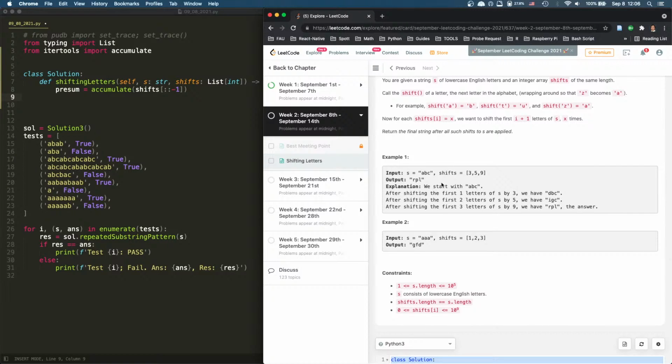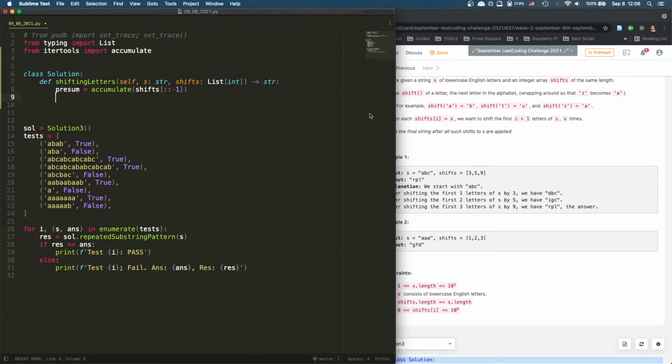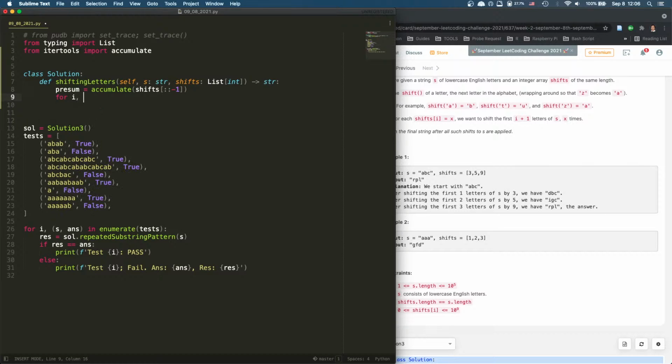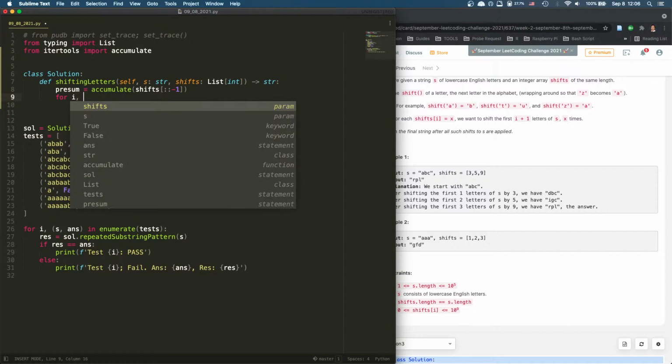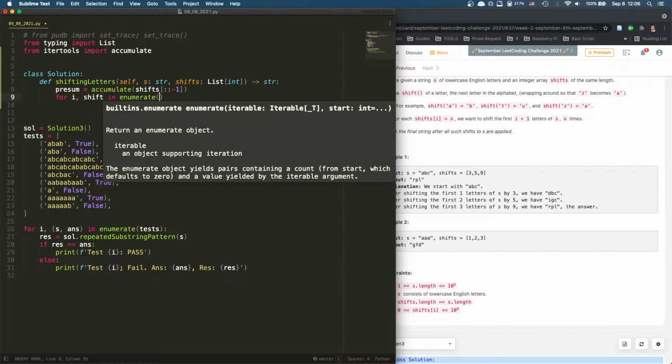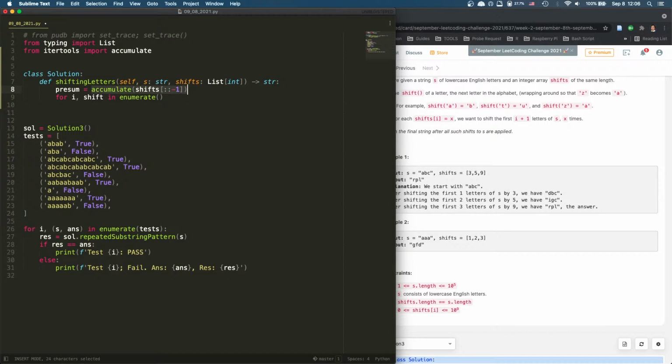Do you do a string or do you do concatenation of string? Well, do concatenation. Let's see which one's faster. It doesn't really matter. So we just say for i, shift in enumerate. We can do this, right?